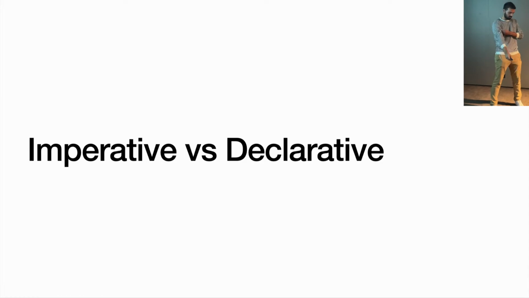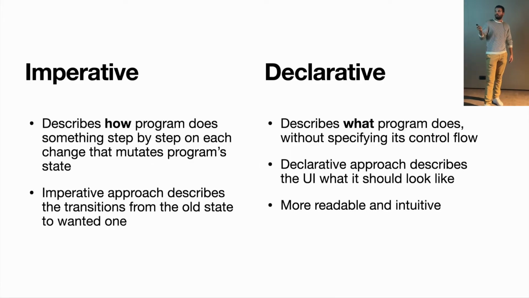One big change from XML to Jetpack Compose is that we are quite used to the imperative programming paradigm, and Jetpack Compose is really fully into the declarative one. So I just wanted to mention a couple of differences.